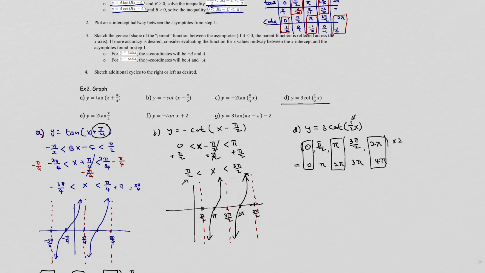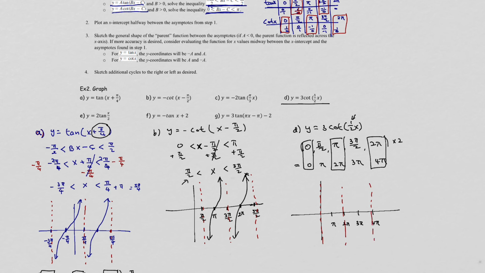So how do we graph it? Let me just plug in all those values: pi, 2 pi, 3 pi, and 4 pi. And then the vertical asymptotes with the red: 0, 2 pi, 4 pi.